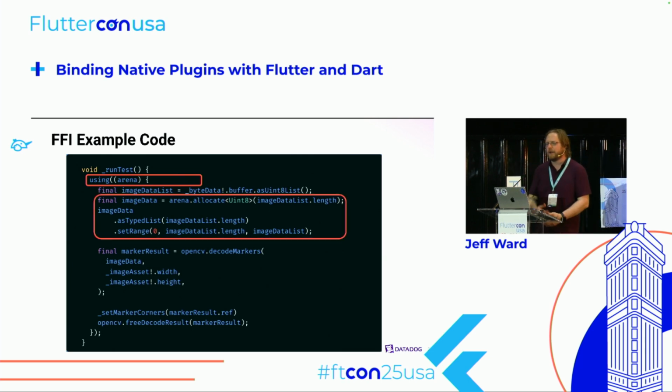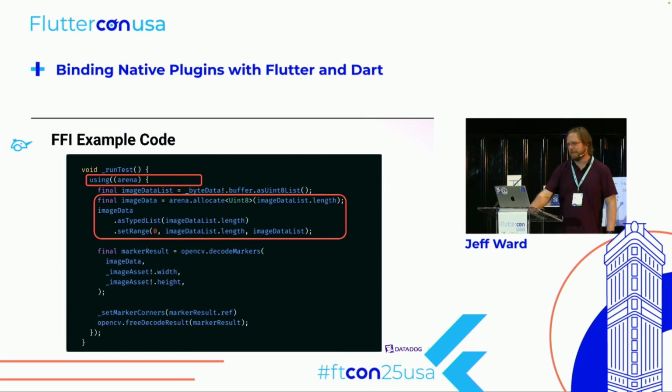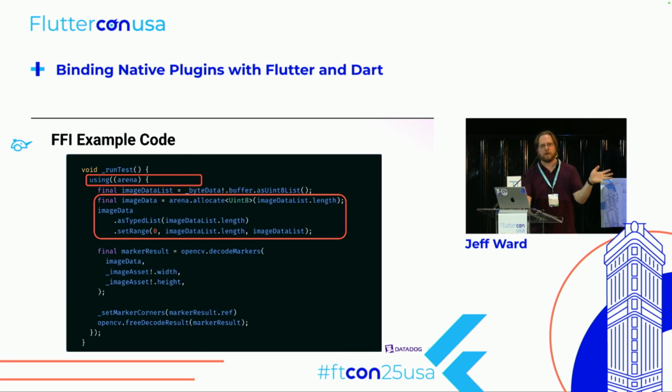Here we're actually allocating out of the arena. We're allocating a buffer of data that we can then copy the image into, assigning that to a Mat, which is an OpenCV thing, and then calling the decode. You also notice at the bottom here, because I'm allocating some memory in C, I have to free it as well using the free decode result. This was not allocated by Dart, and therefore the arena won't get rid of it.